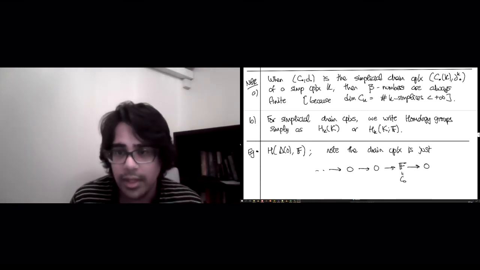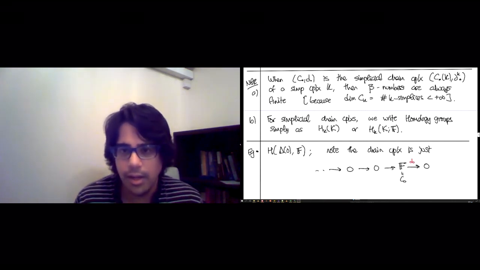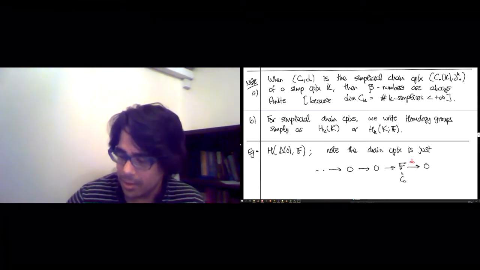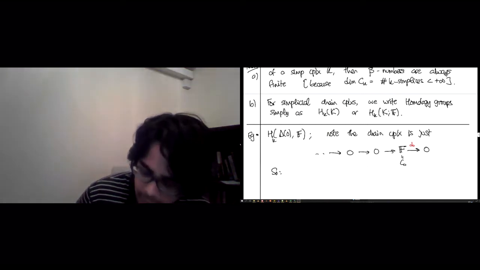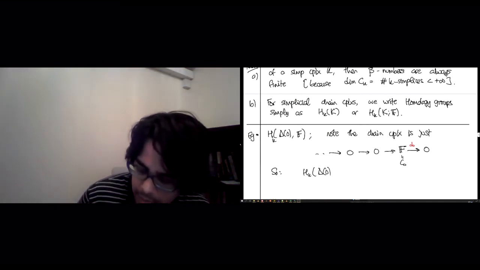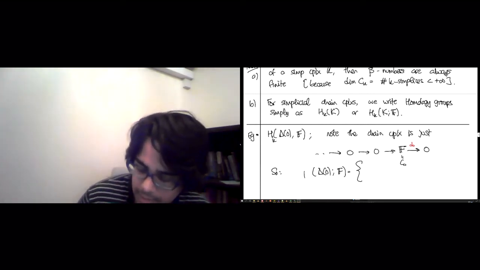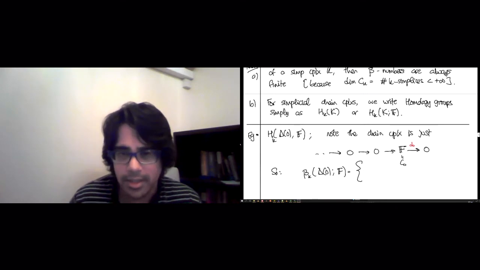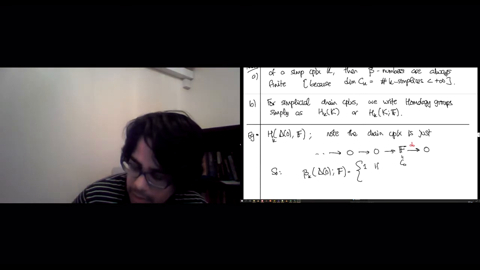So the only non-trivial kernel is the one for this map D0, which has dimension 1, and the image of the incoming map D1 is, of course, there's nothing there, it's 0. So Hk of delta 0 with F coefficients is going to be, let's just, instead of writing the group, write its dimension, because that's as good. We have a vector space, so knowing its dimension is just as good as knowing the space up to isomorphism. So this is going to be 1 if k equals 0, and 0 for all other k.